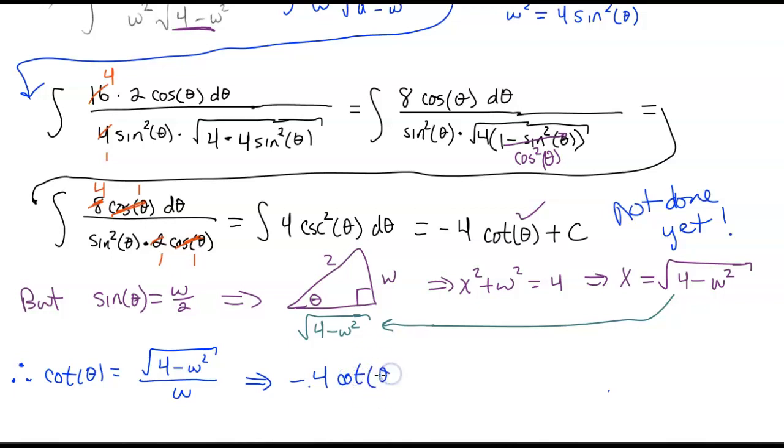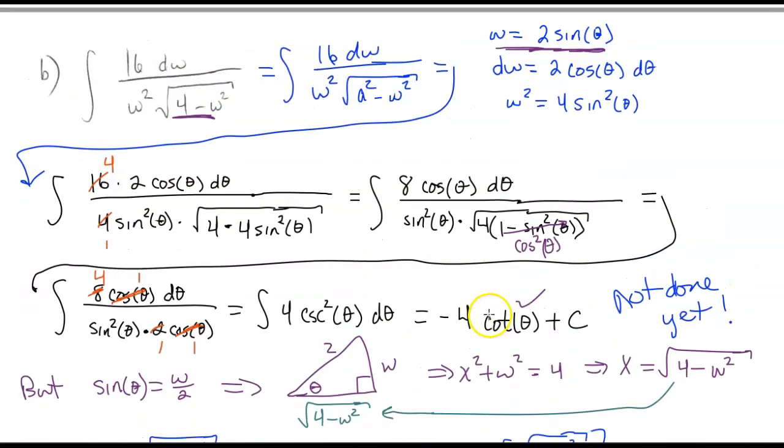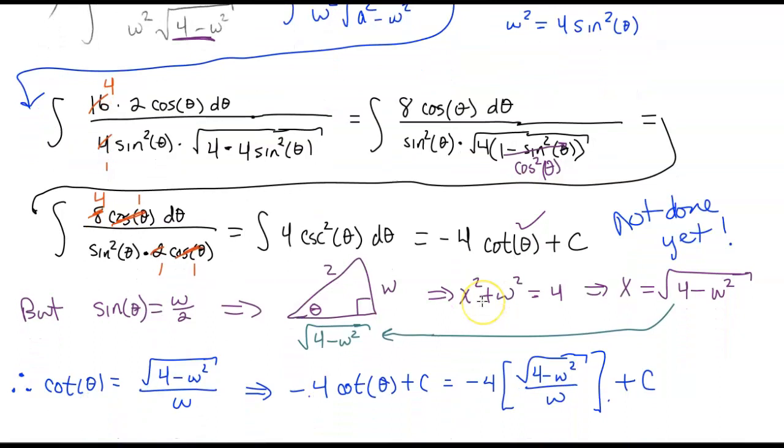negative 4 cotangent theta plus C is just going to be negative 4 times square root of 4 minus w squared over w plus C. And of course, that is going to be our answer, which is going to be equal to our original problem here, which was the integral of 16 dw over w squared times the square root of 4 minus w squared.